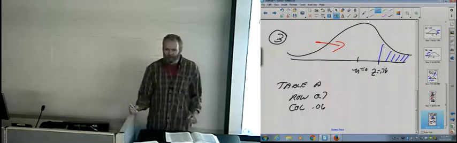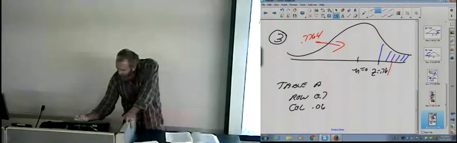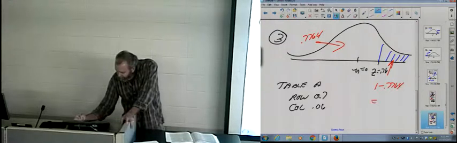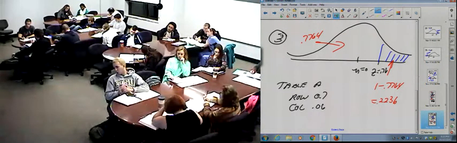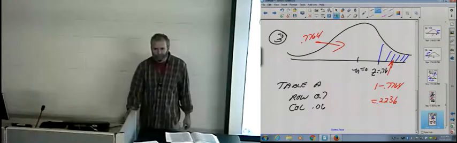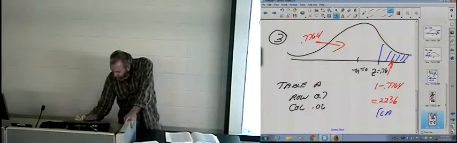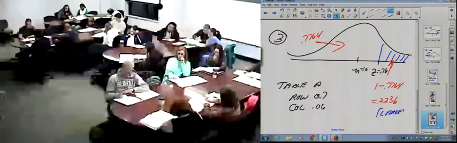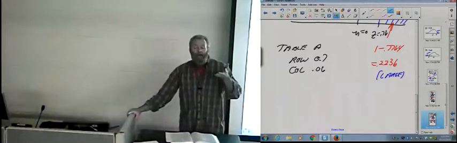What'd you get here? Something big, right? 0.7764. I want to the right, so I'm going to take 1 minus that. Is that large or small? You got an outcome that happens.